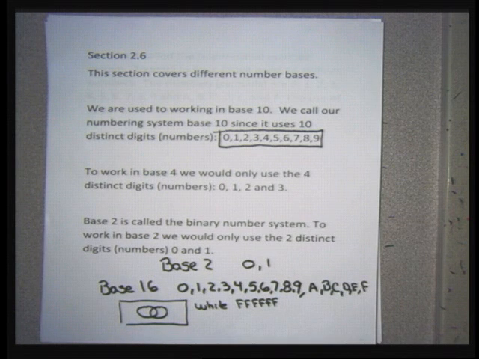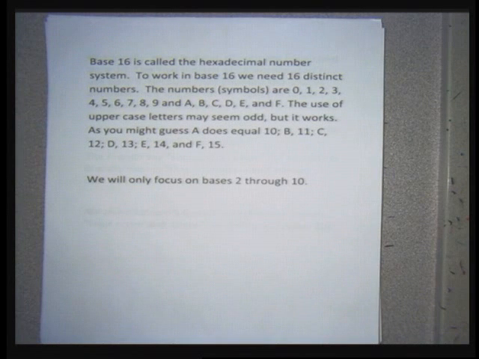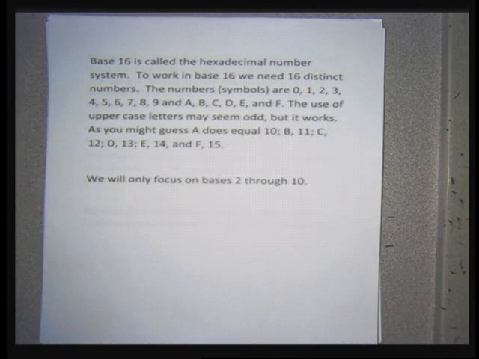So it's important. Other bases do exist, and so it's nice to be aware of them, I guess, especially in the computer world. On the next few pages, it talks a little bit about some other bases and when and where they were used. It turns out that bases 2 through 10 are probably the easier bases to work with.